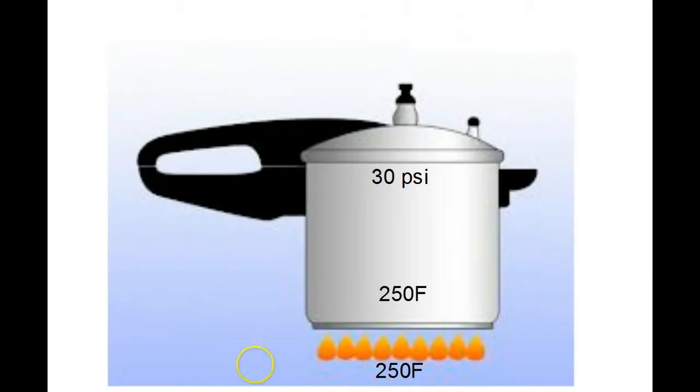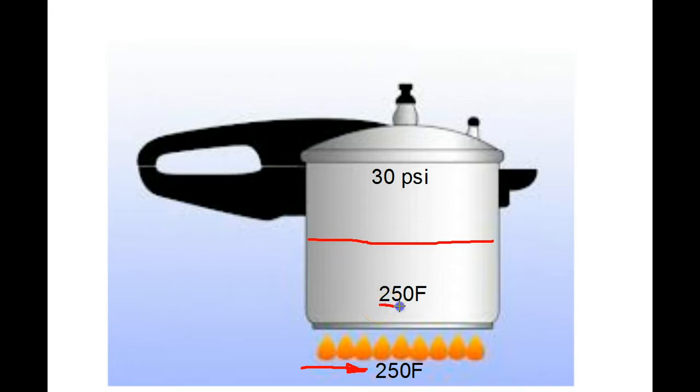So here's our pressure cooker, and we have it half filled up with water. So down here is water, and up here we have our vapor. The burner, the heat energy being applied is at 250 degrees Fahrenheit.